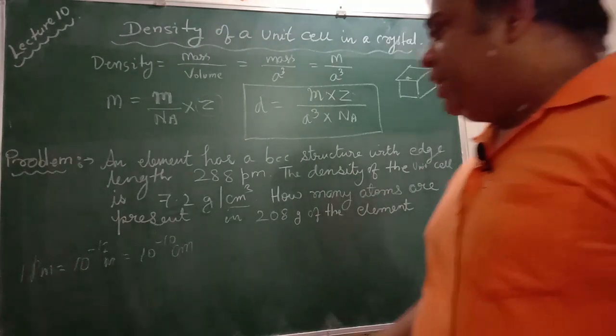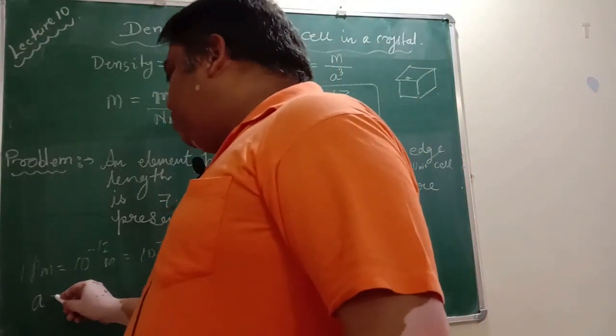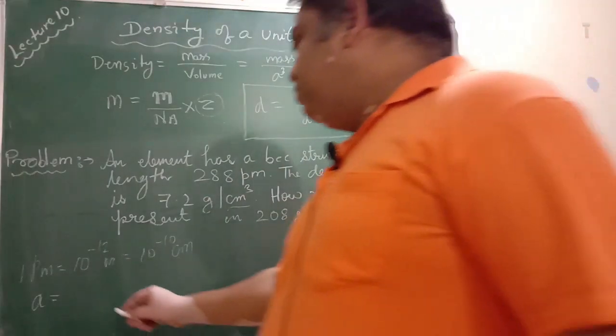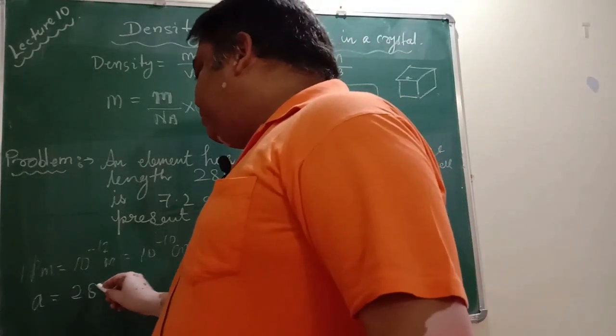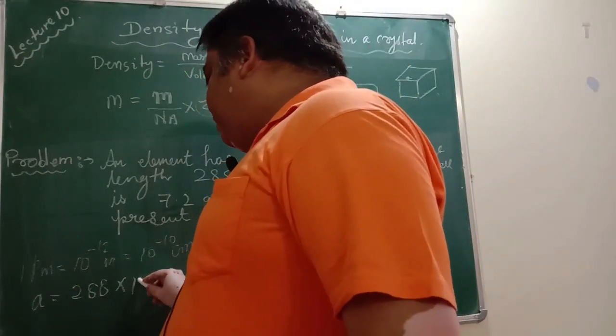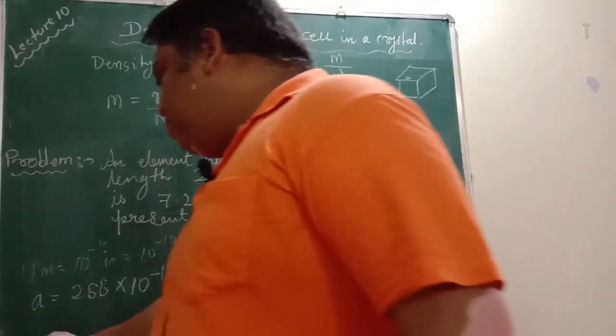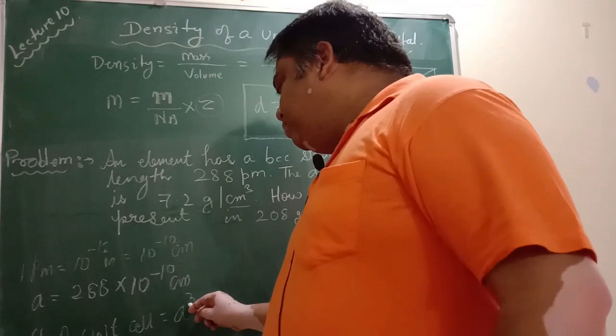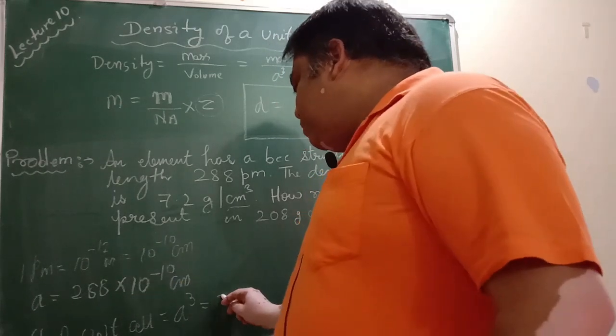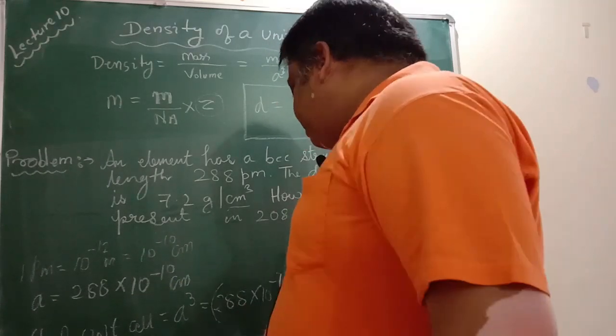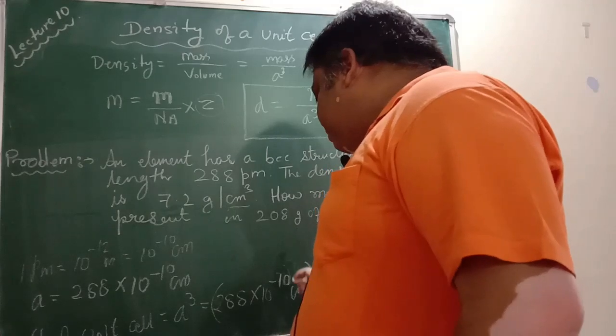So we can write a is equal to 288 into 10 to the power minus 10 centimeter, and the volume of the unit cell cube will be equal to the cube of this 288 into 10 to the power minus 10 centimeter cube.